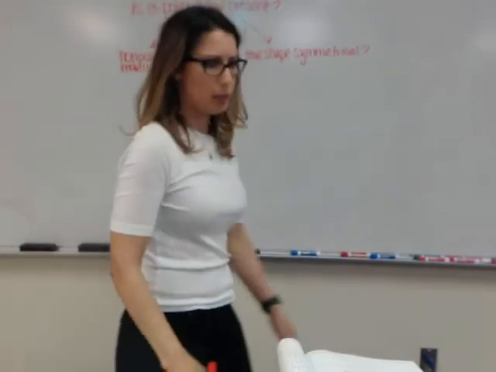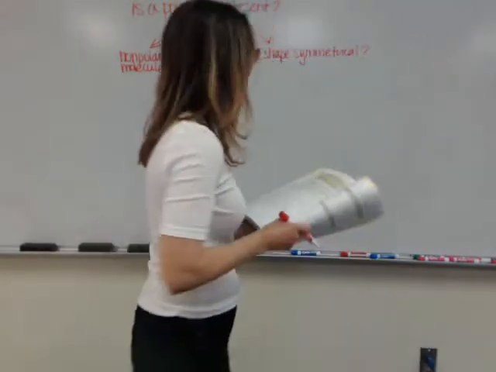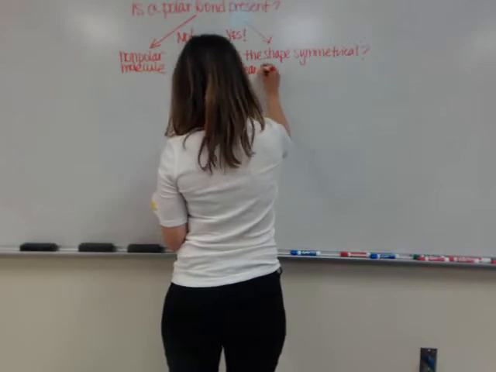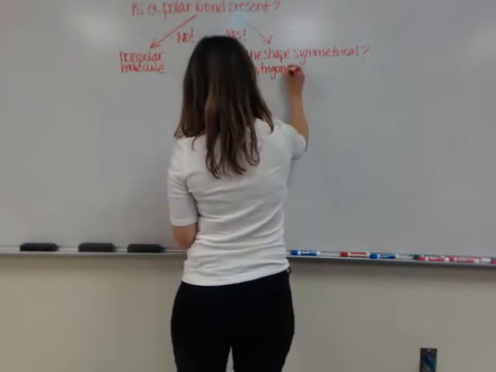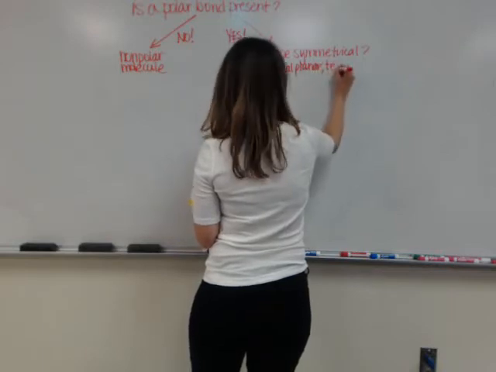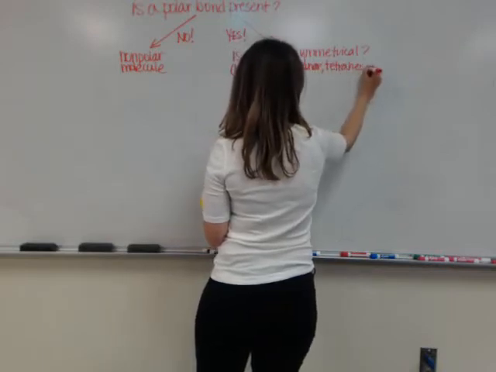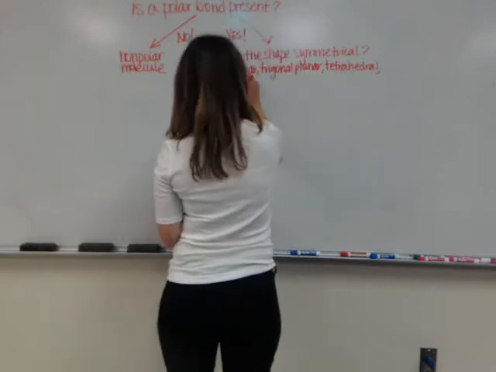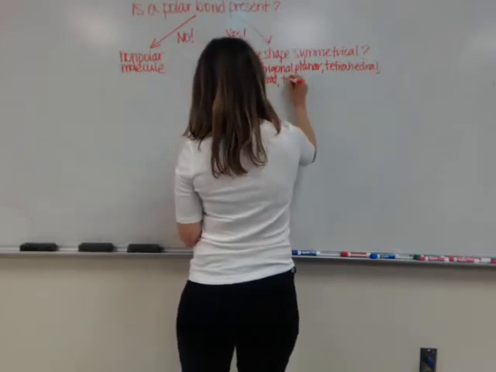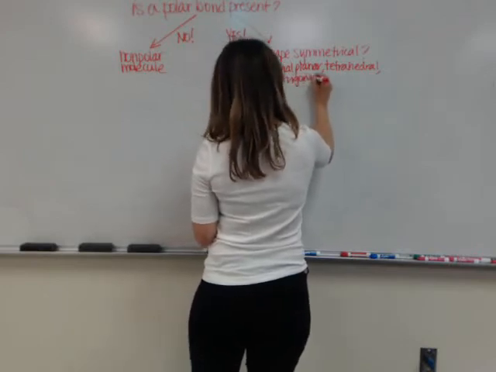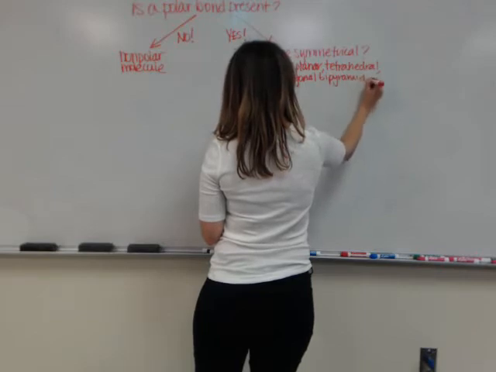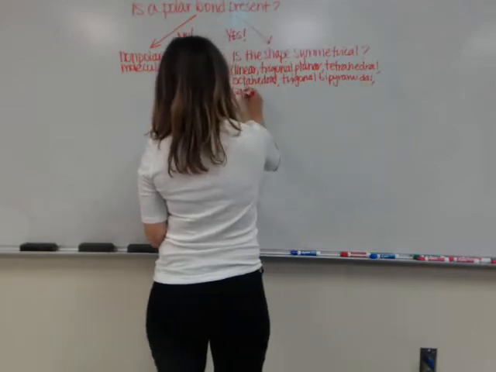is the shape symmetrical? Okay, what do I mean by that? That means, is it linear, trigonal planar, tetrahedral, octahedral, trigonal bipyramidal, or square planar?